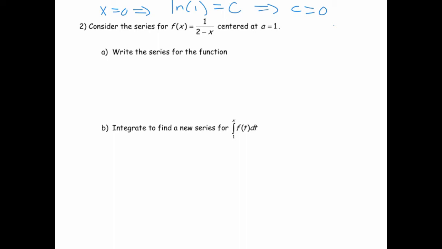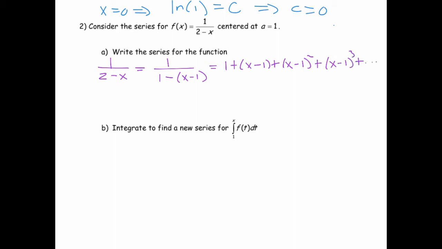So that is 1 over 2 minus x, and that's going to be equal to 1 over 1 minus x minus 1, which we saw was 1 plus x minus 1 plus x minus 1 squared plus x minus 1 cubed, etc. Cool. So now what we want is the power series for this function, which is an antiderivative of our original.